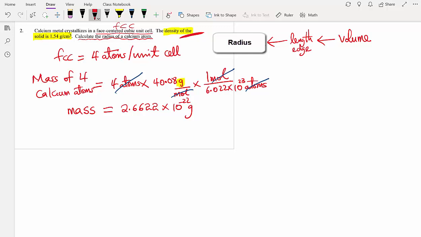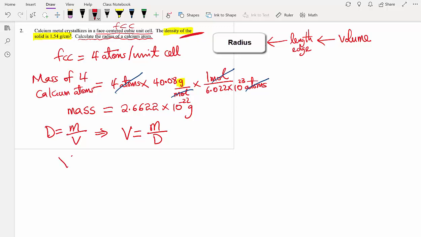Now, we know the mass, we know the density, we know that density is equal to mass of a substance divided by its volume. If you rearrange this, it will give you volume will be equal to mass divided by density. So let us plug in the values for the mass and the density.